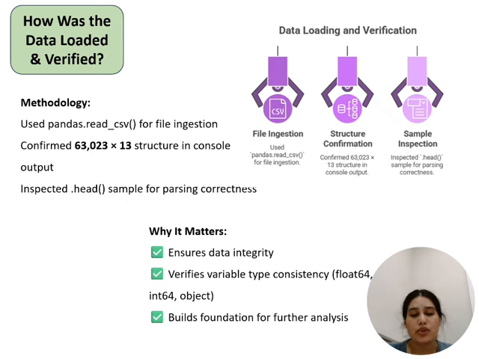Verification included checking columns and consistency of numeric formats and sampling the first few records using df.head, and this ensures that the import process maintains data integrity and prevents type mismatches. Built-in functions were also used for the further analysis, especially for visual correlation and summaries.